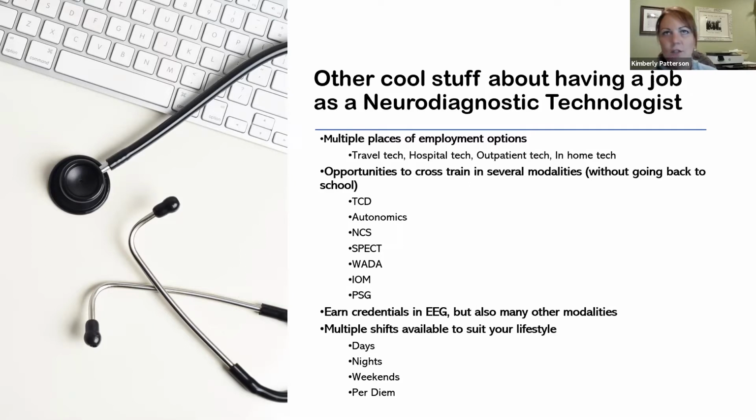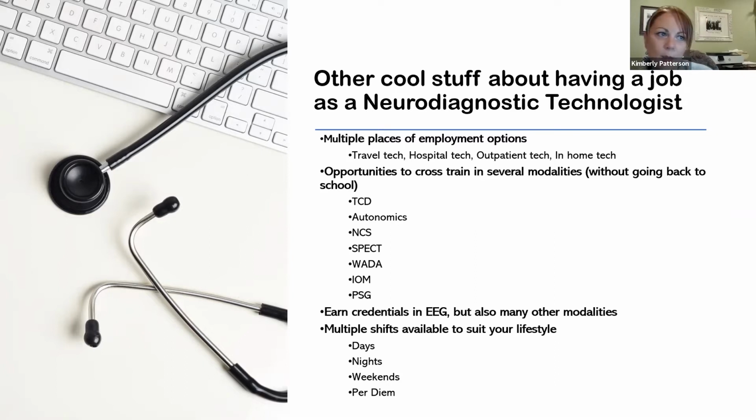They will train you on the job how to do them. So there are not many EEG techs that only record EEGs. Most EEG techs actually record several other types of studies, and they learn those studies on the job. But it certainly depends on where you work.